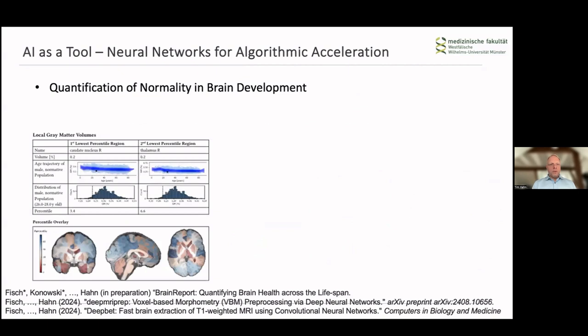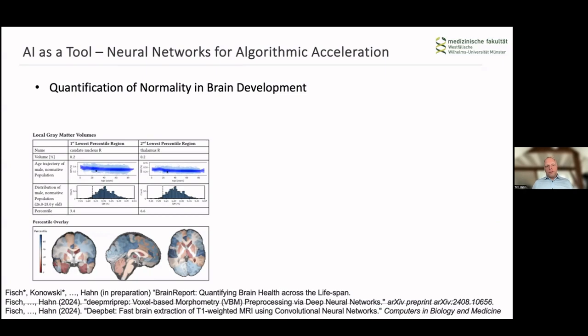Another example of using a neural network and making things faster in a very dramatic way is what we did for the quantification of the normality of the development of the brain. So basically, we all age over time, and the brain changes with that aging. When a radiologist is looking at your brain and looking if everything is the way it should be, it's relatively straightforward to say, okay, there is a tumor here or there's something missing there.